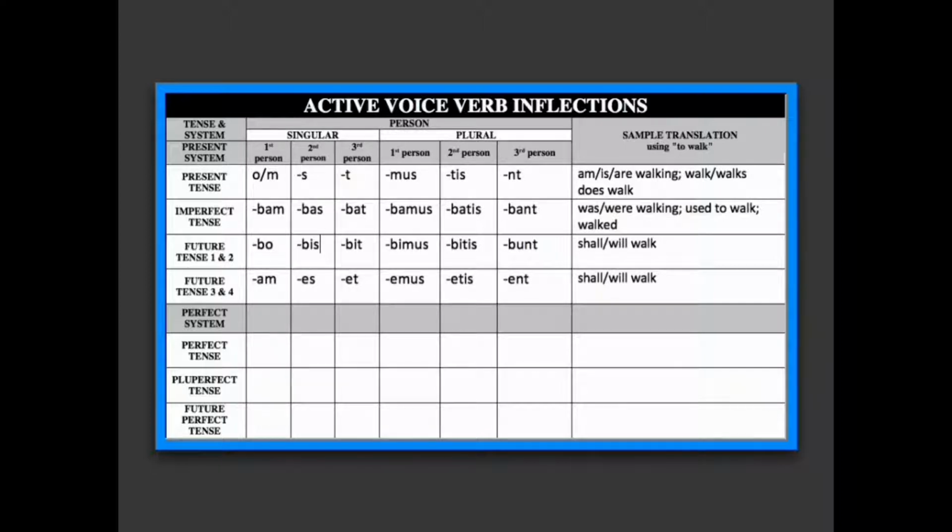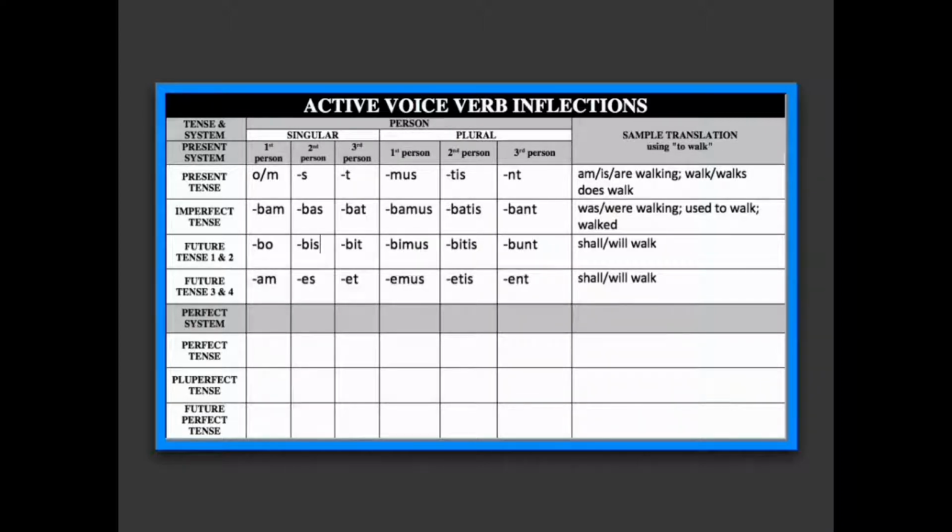You can translate it by using was or were with the ing form of the verb, like was or were walking. You can translate it in the simple past tense, walked, and you can even use the translation used to do the action. This is all something that is in the imperfect or a past tense.